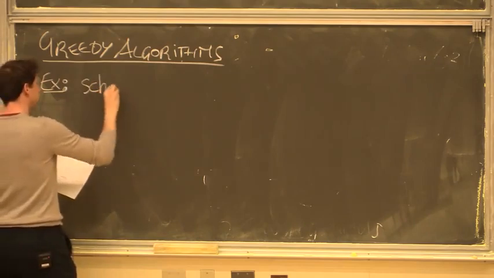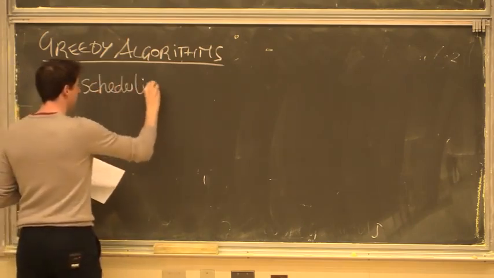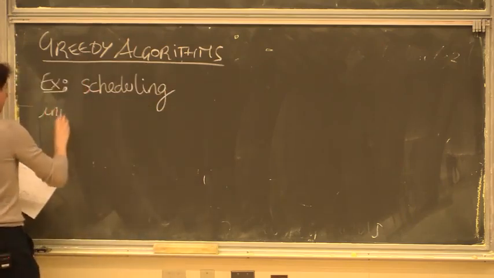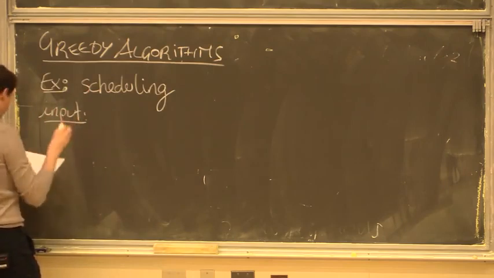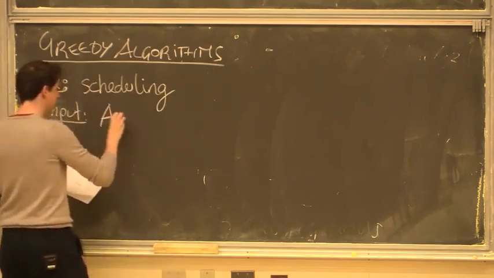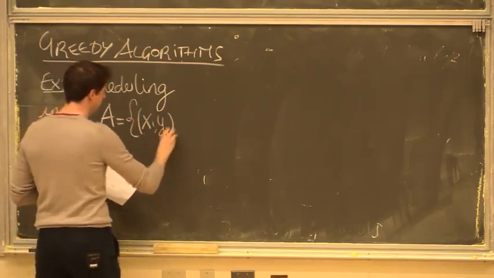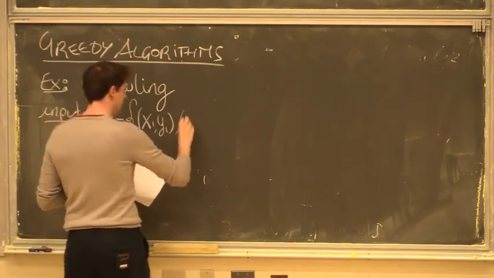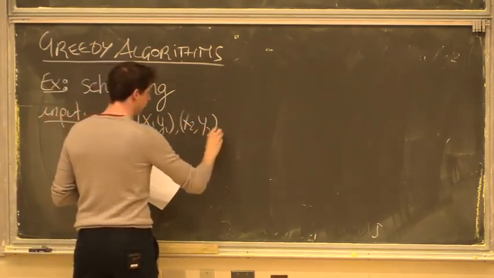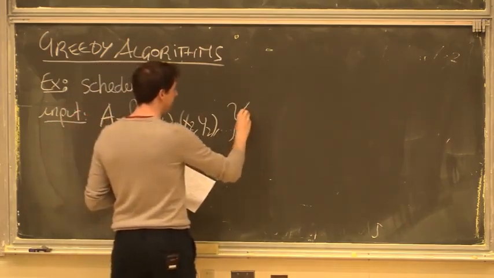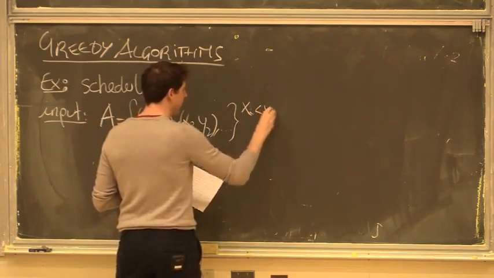And we're going to look at some scheduling problem. So let's define the problem. We have an input. We have a set of intervals. Let's call it A. You can think about the intervals on a line. So that's an interval. That's another interval, so on and so forth. We have n of them. These are intervals because xi is less than yi.